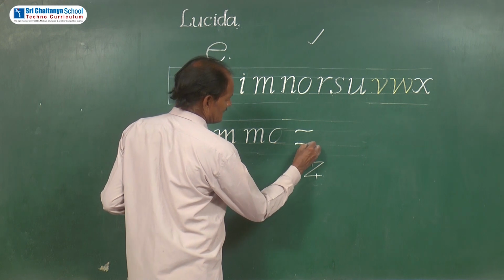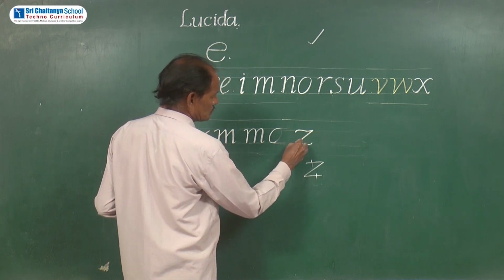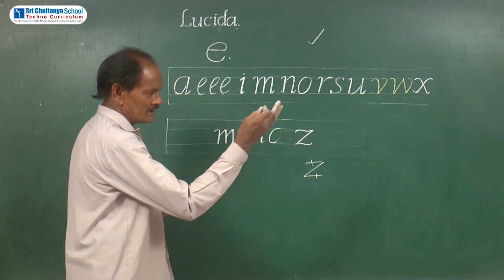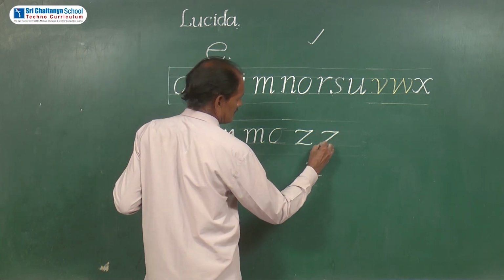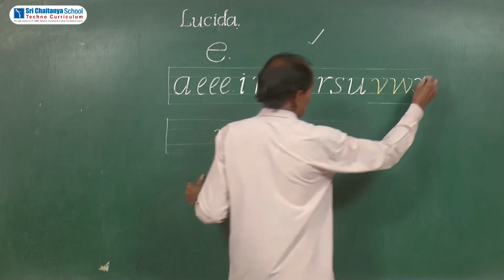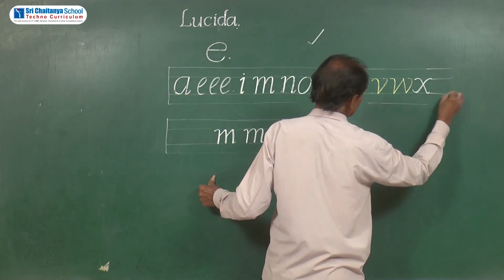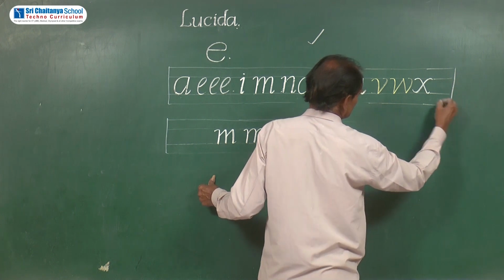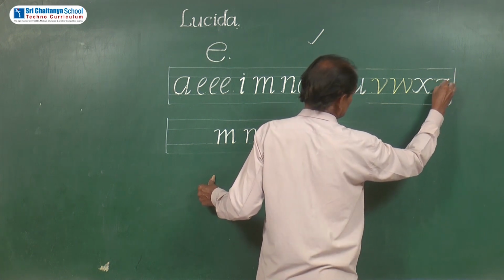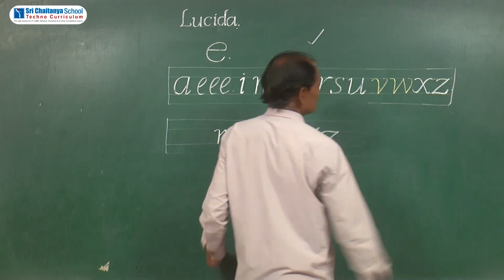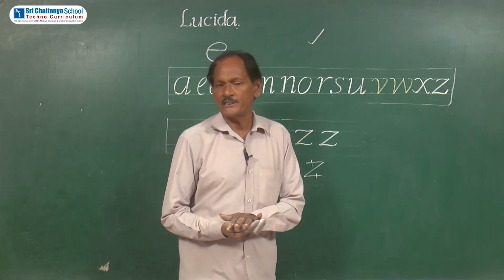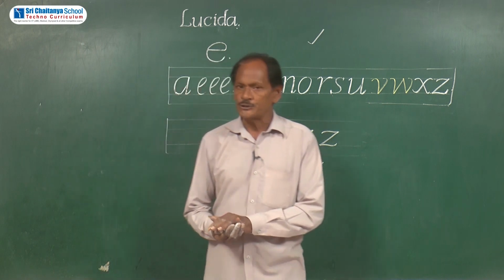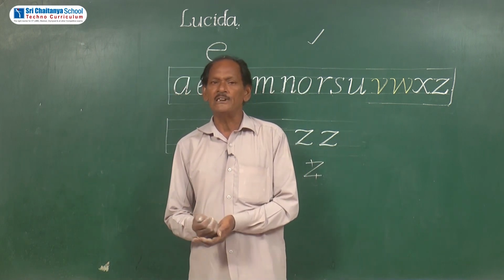Like this we have to write, and these two strokes are joined with the cross line. Again I am going to write here. This is Z. Okay? These are the middle zone letters. Total 14 letters are there in this middle zone.